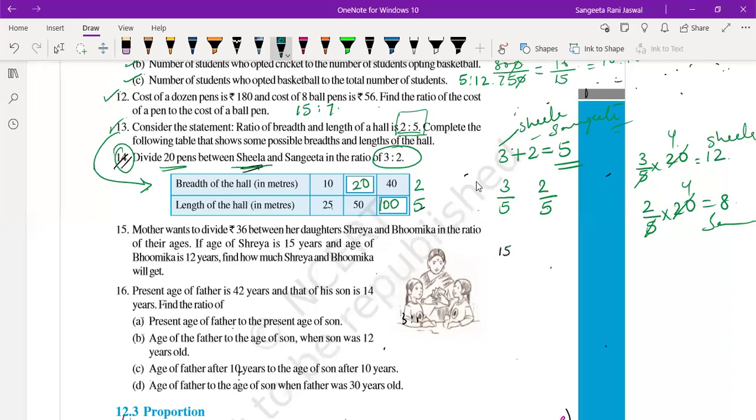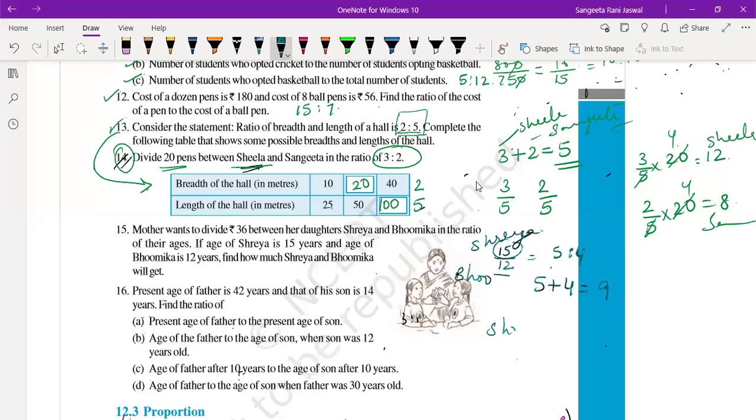So 15 by 12 will be 5 by 4. 5 is to 4 we can write. Now we take the sum of the ratios. That's 9. So that means this is 5 is to 4. The top one was Shreya, and 12 age was Bhumika's.